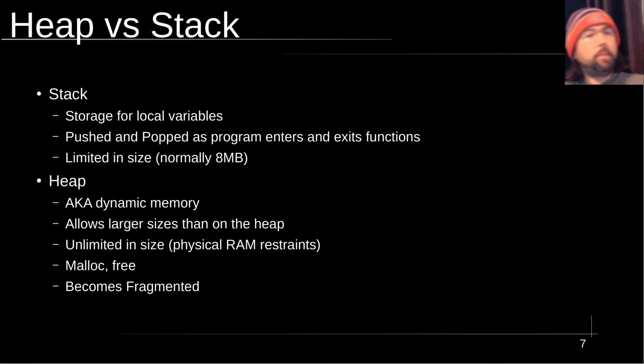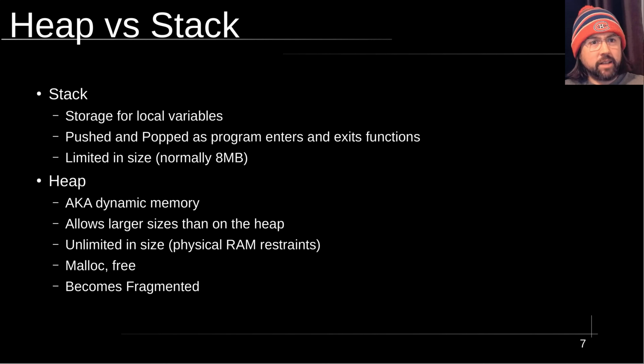What are they? The stack is where you have your local variables. These are the variables that you use inside of a single function call or a stack of function calls. The idea is that variables get pushed and popped onto the stack as the program enters and exits functions.